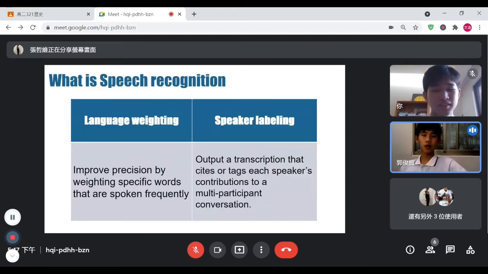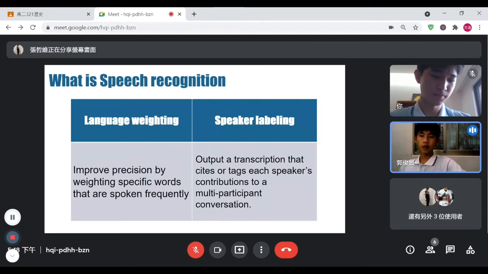Next, we will talk about 4 topics of speech recognition. Language weighting: improve precision by weighting specific words that are spoken frequently. It means that the system will recognize specific words that we use in daily routine, such as a company's name, even though it isn't really a word.